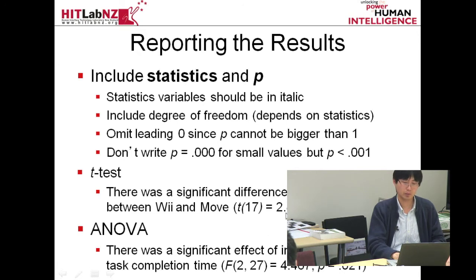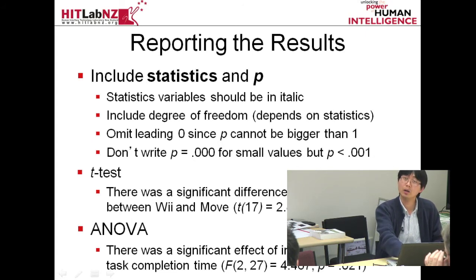And then the statistics tool will also print out this number, which is either the t value for a t-test or the f value for an f-test. This is the value based on your sample. And in addition, it will print out the p-value as well.